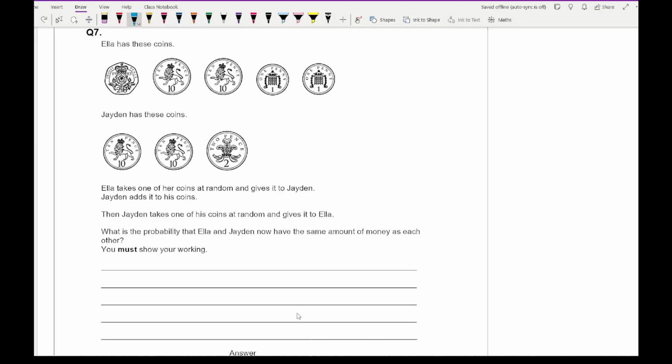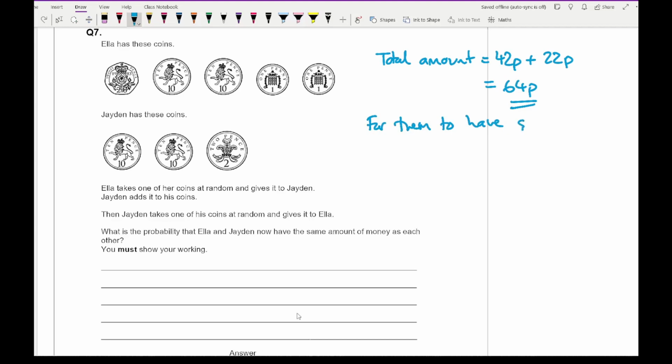So here what we've got is that to start with, the total amount that they both have is going to be 42p plus 22p, which gives us a total of 64 pence. Now for them to have the same amount, they must each have half of 64, which is 32p.